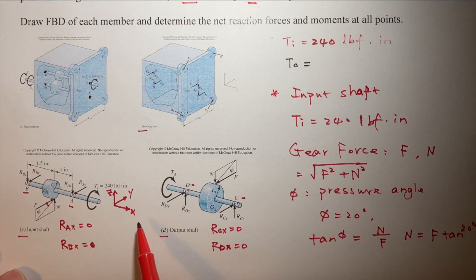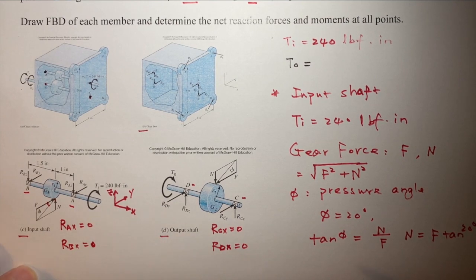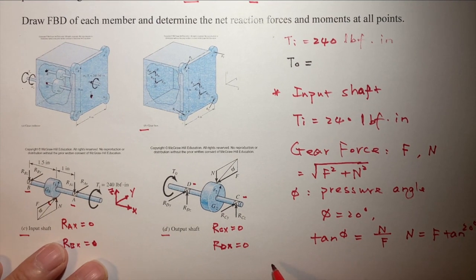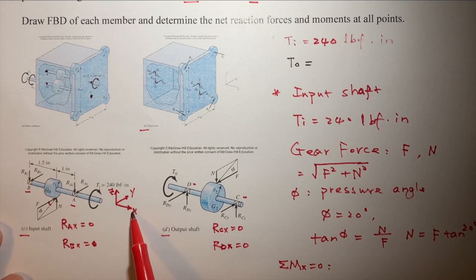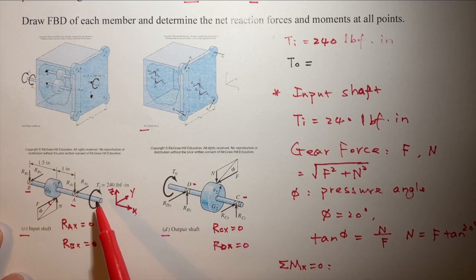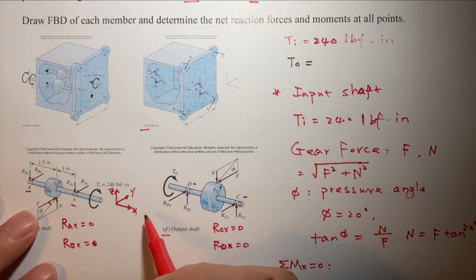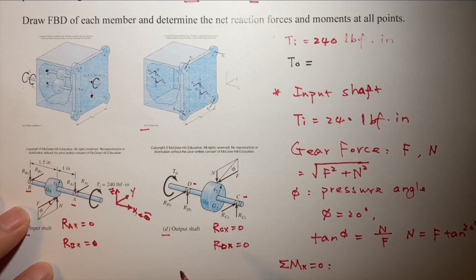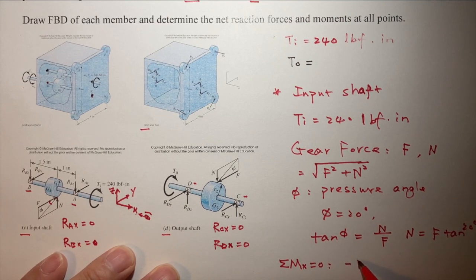Well, if you look at the moment about the x-axis, let's put sigma Mx equals 0. This is the x-axis. Moment about the x-axis, there's input torque Ti. Looking at it from this way, Ti is clockwise, so it's negative, minus Ti.